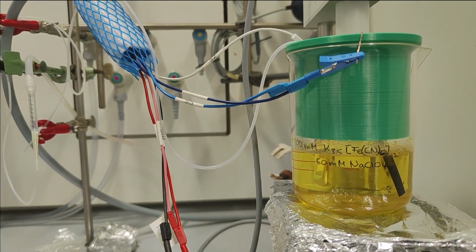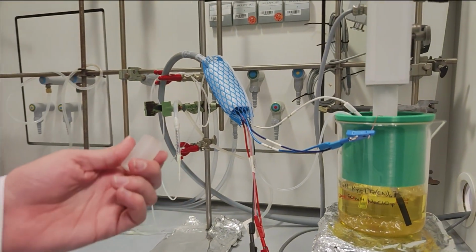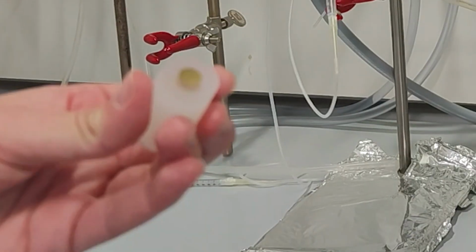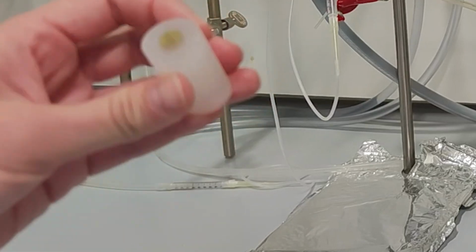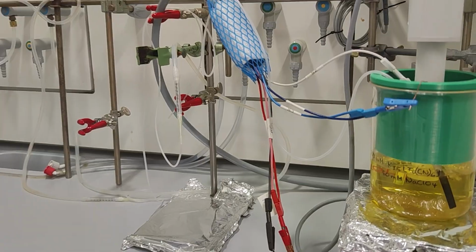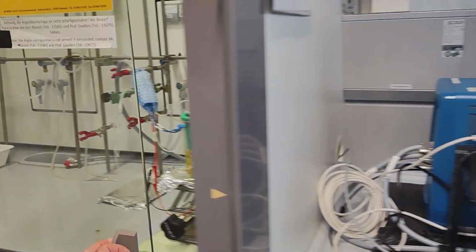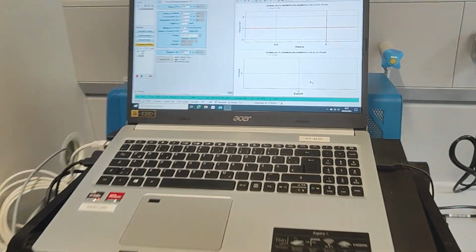For the working electrode we use a macro electrode containing platinum in a diameter of approximately 8 millimeters, which looks something similar to this gold electrode in my hand. Now let's move over to the PC and start the experiment and look at how the cyclic voltammogram looks.